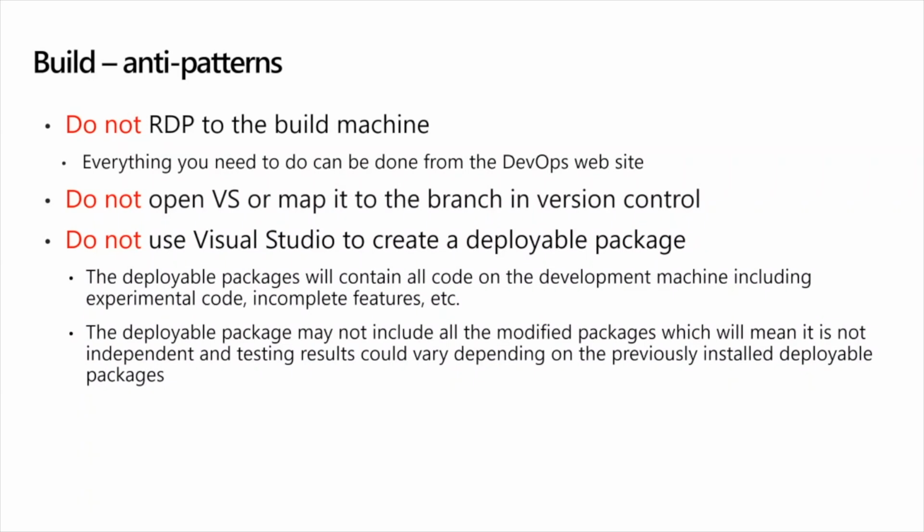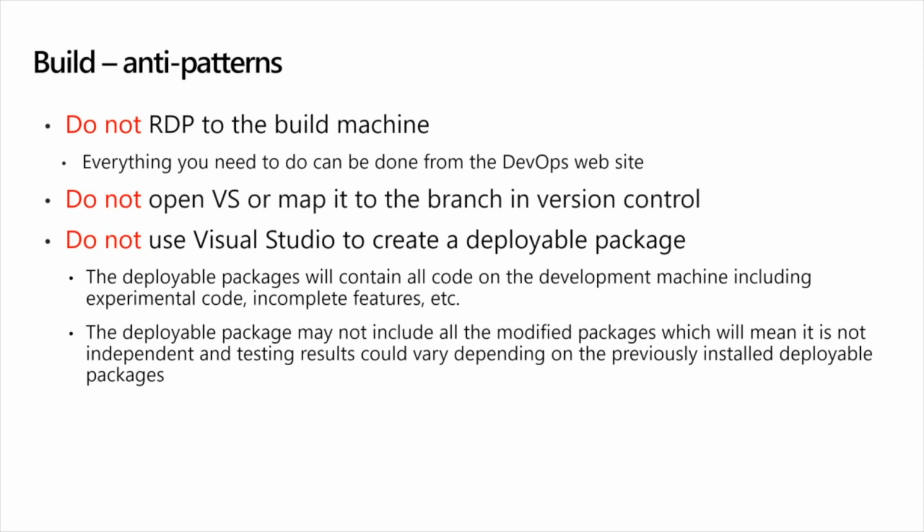Some anti-patterns for the build machine: you should not RDP onto the build machine. All the normal things that you need to do can be done from the Azure DevOps website, and there are maybe a few edge cases where you would want to RDP to the build machine, maybe to free up some disk space or something like that. You should never open Visual Studio or map it to the branch in version control.